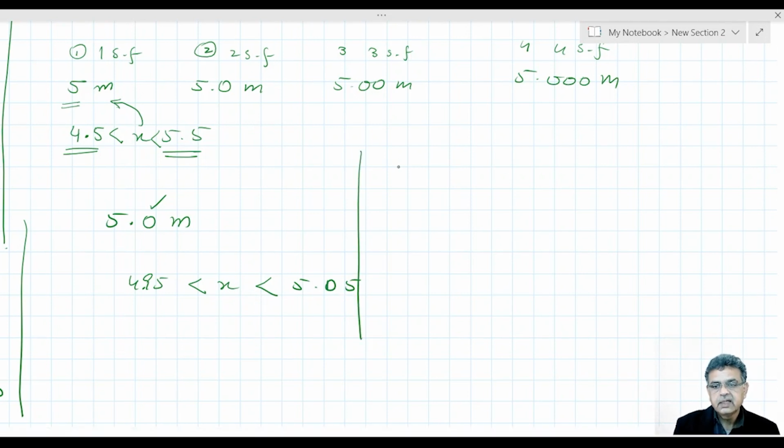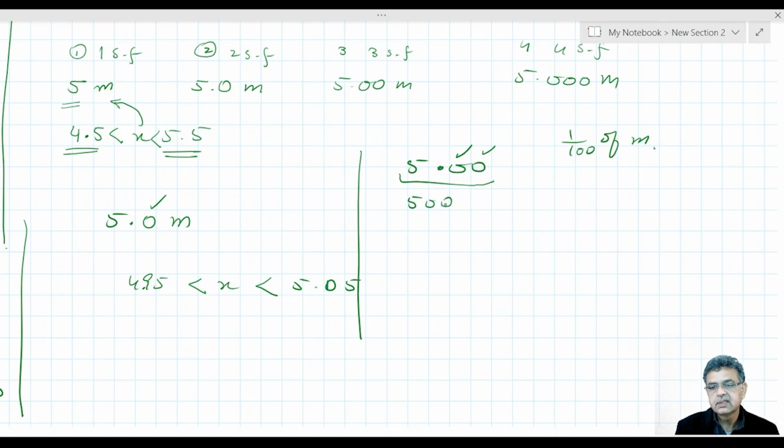Okay, if it is 5.00, three significant figures, the same value 5 meters is written as 5.00. Now its precision is correct to 1 centimeter, because there are two decimal places, that means 1/100th of a meter. Better to change it to centimeters.